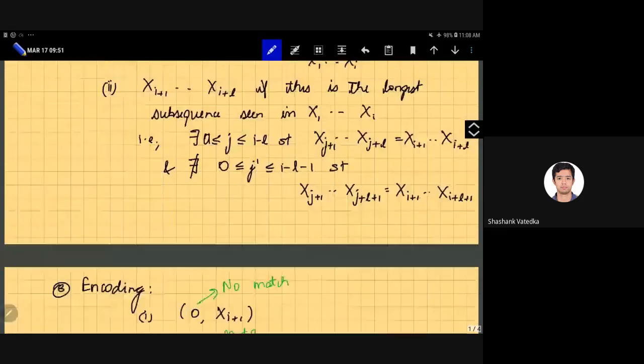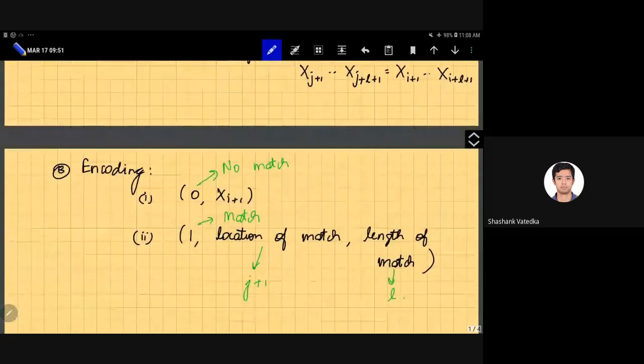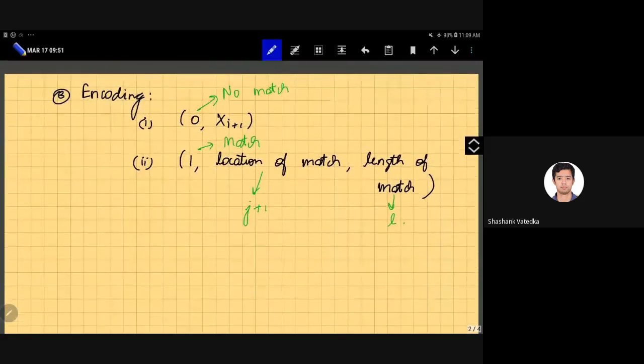Okay, and how do we encode this? I haven't really told you how to encode it in binary, but at a high level, the encoding works as follows. You store two or three objects. If there is no match, which happens in the first case, then you store a bit 0, indicating that there is no match, and then the symbol xi+1.